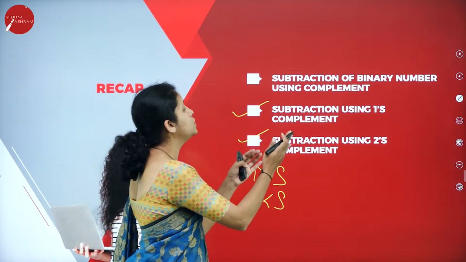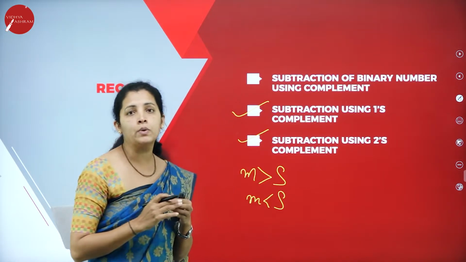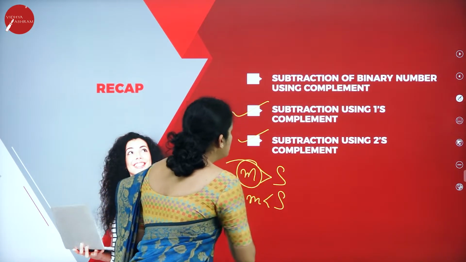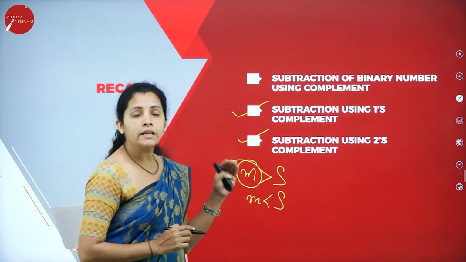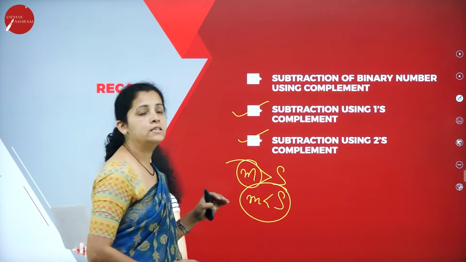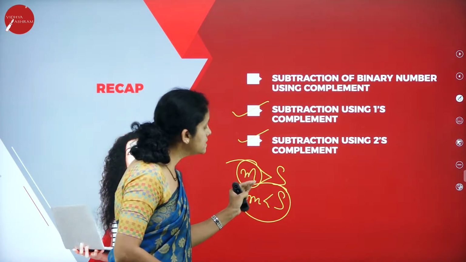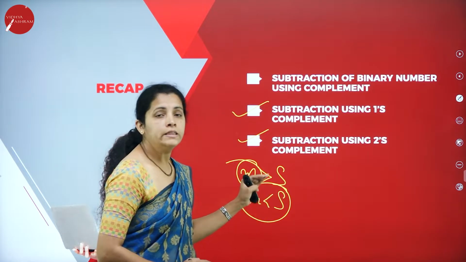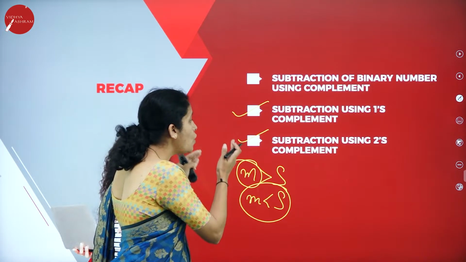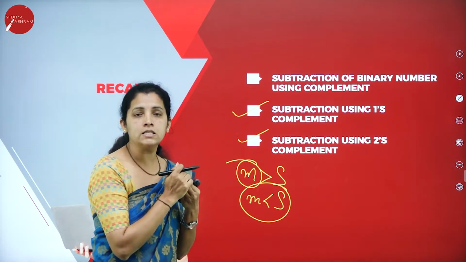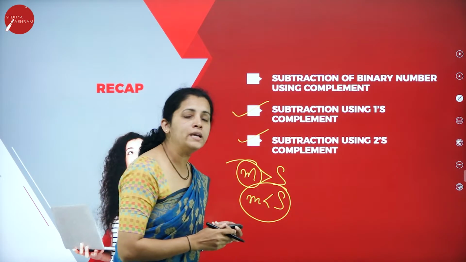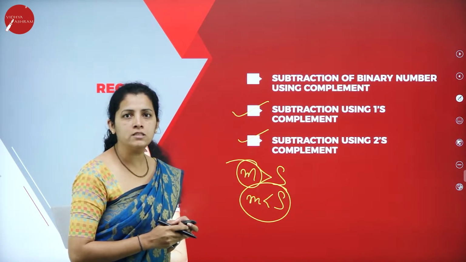Under subtraction using twos complement method, we are having two possibilities: one is the magnitude is greater than subtrahend, and the second possibility is the magnitude is lesser than subtrahend. Then we had discussion regarding how to solve these kinds of cases along with the steps. So these are the topics we learned in my previous session.